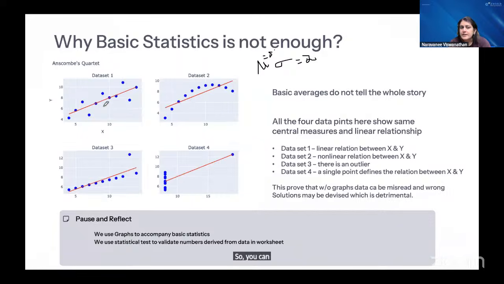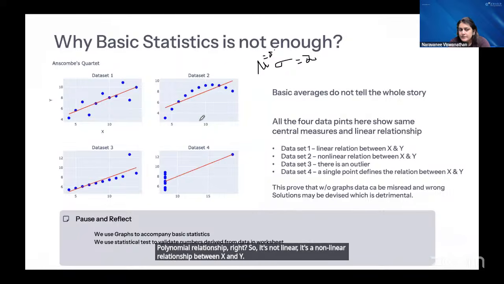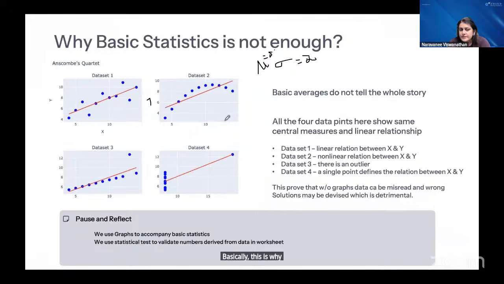So you can see I have all kinds of data here. Here is data where I have a linear relationship between x and y. In the second data set, I have a polynomial relationship, right? So it's not linear, it's a non-linear relationship between x and y. Everywhere, this is y and this is x.